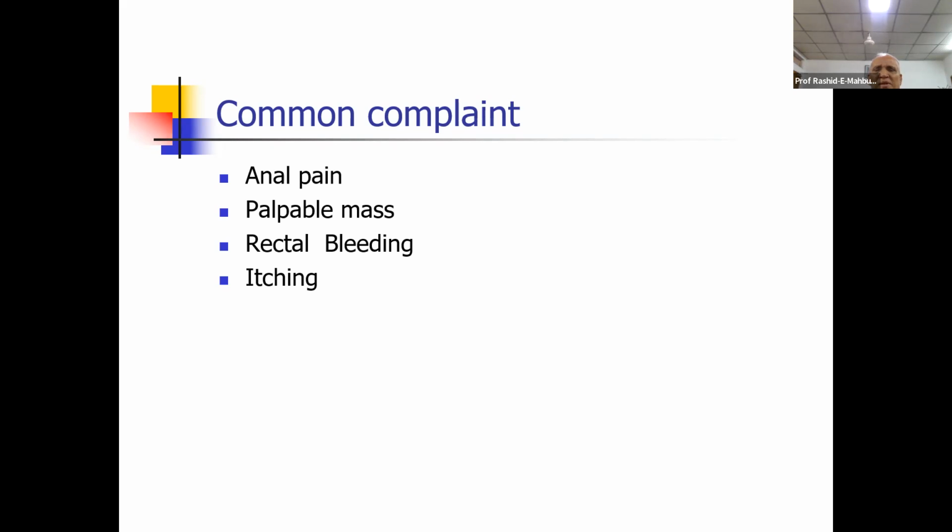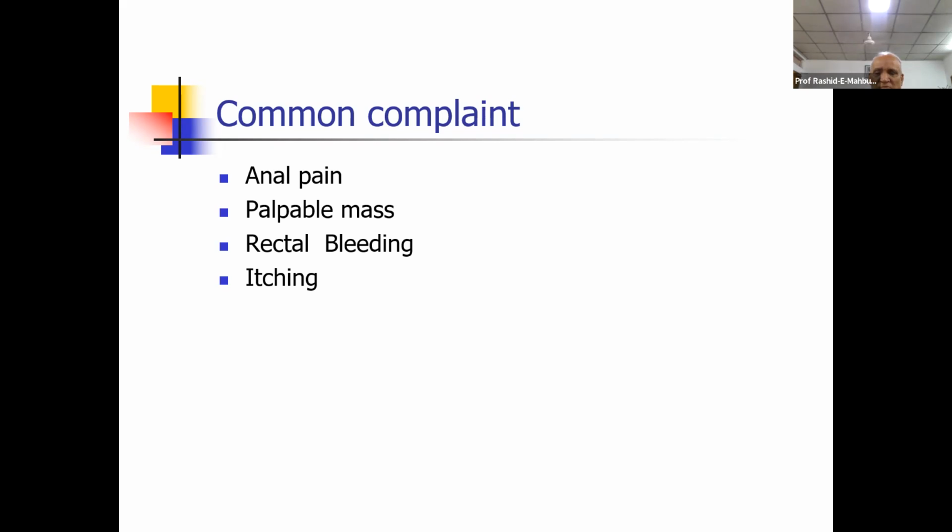Before that, make sure that palpation does not cause discomfort to your patient. So don't palpate if it is going to give discomfort to the patient. So these are the common complaints and common problems you have to face with a patient with anorectal lesions.